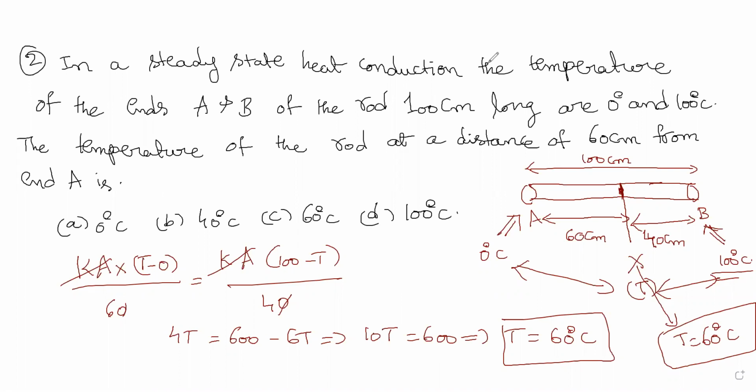The ice will be melting because there will be heat transfer from that end to this end. So you put more and more ice and maintain the same temperature. That is called steady state.